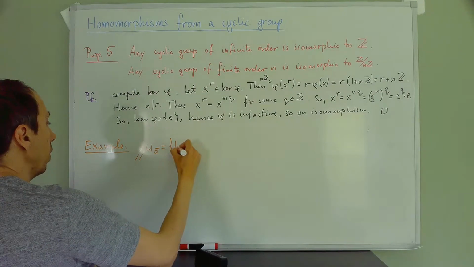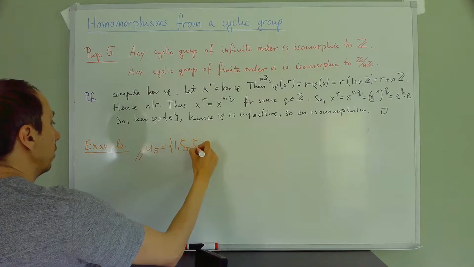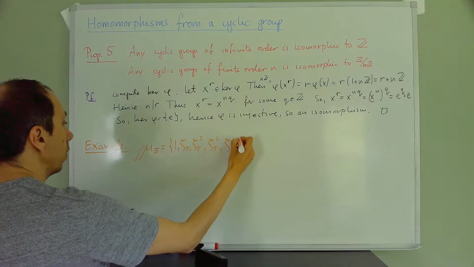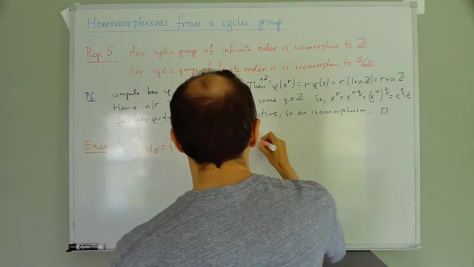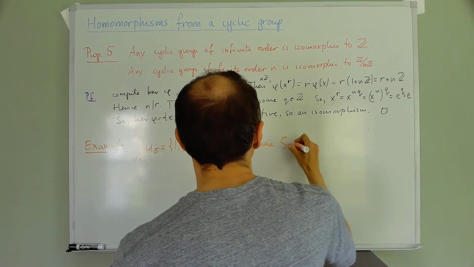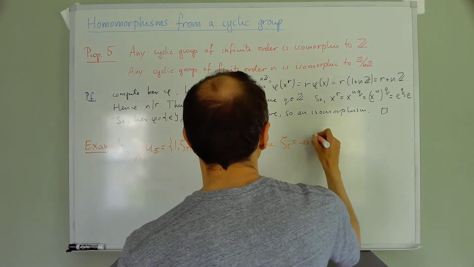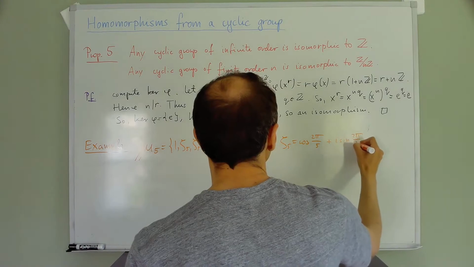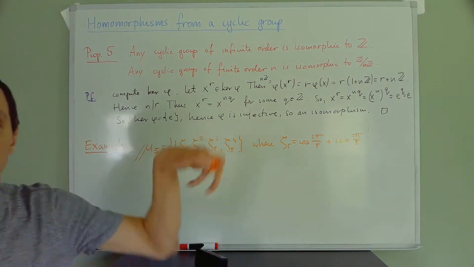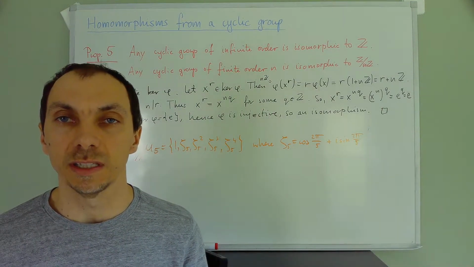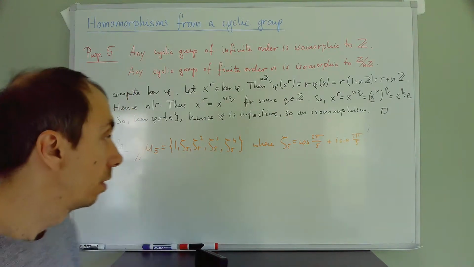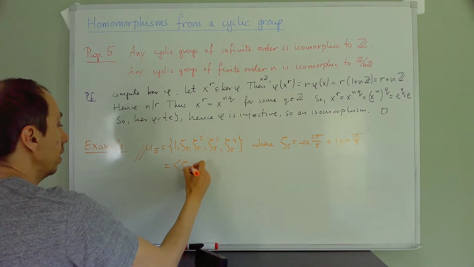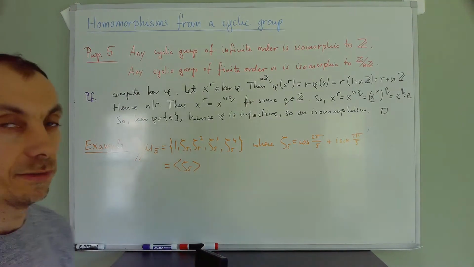Well, they consist of 1, zeta 5, zeta 5 squared, zeta 5 cubed, zeta 5 to the 4th, where zeta 5 is cosine 2 pi over 5 plus i sine 2 pi over 5. Clearly, by the way it's written, you can see that this is a cyclic group. What's the generator? Zeta 5. Everything in this group is a power of zeta 5.